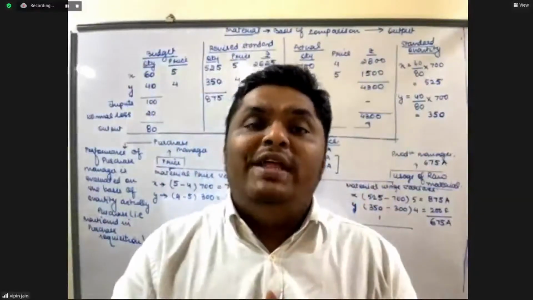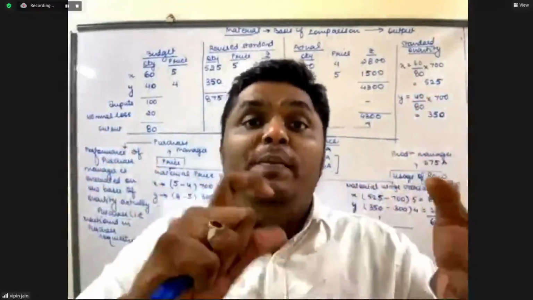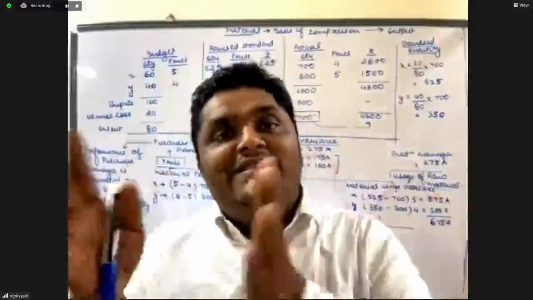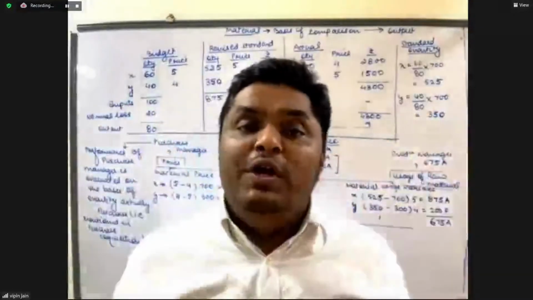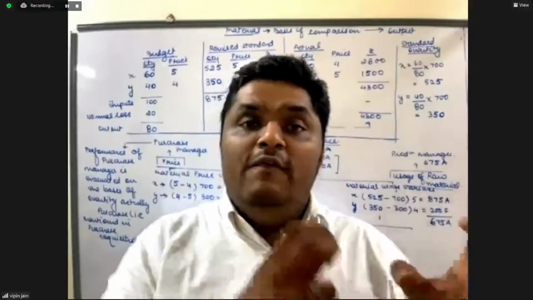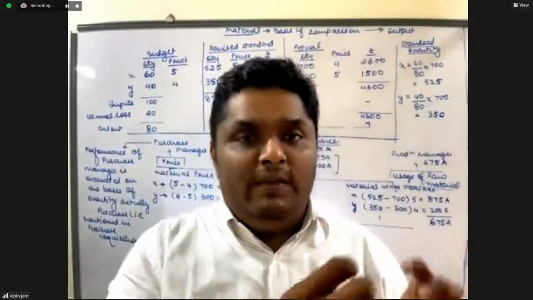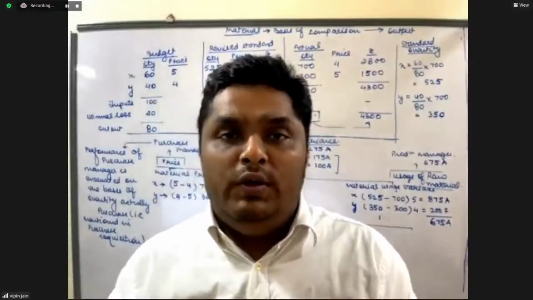The engineer's duty is to maintain the mix. I understand there is a difference in usage, but there can be two reasons for it. First is due to change in product mix, and second is due to change in overall usage.